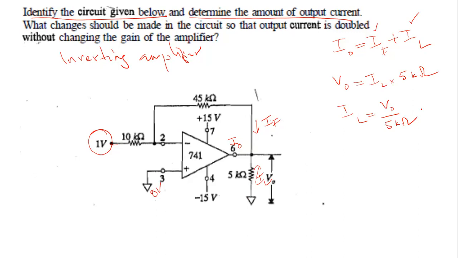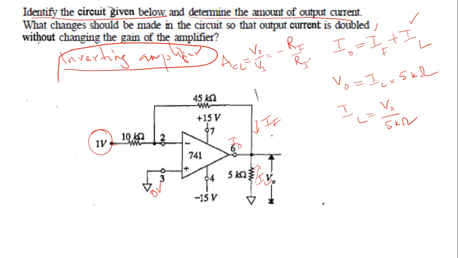So how do you obtain V naught? We have identified this as an inverting amplifier. Inverting amplifier means the closed loop gain ACL, which is output voltage upon input voltage, is equal to minus of RF upon RI. So this was the closed loop gain of the inverting amplifier.